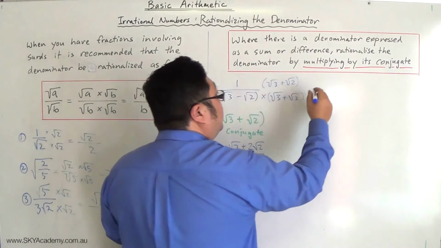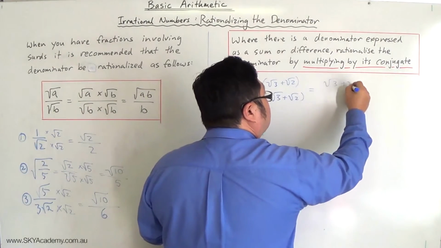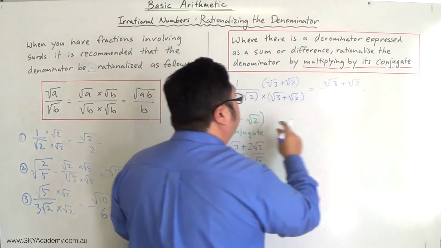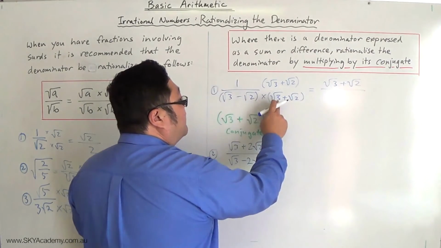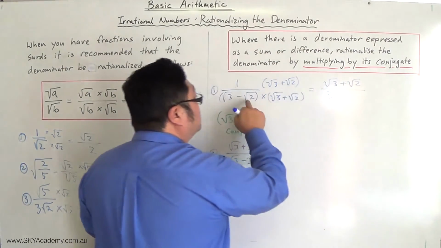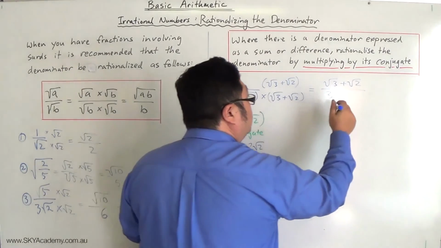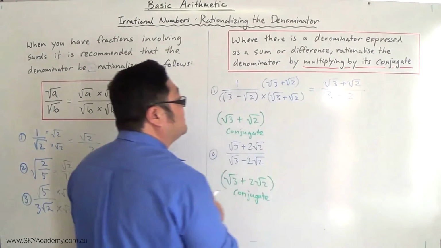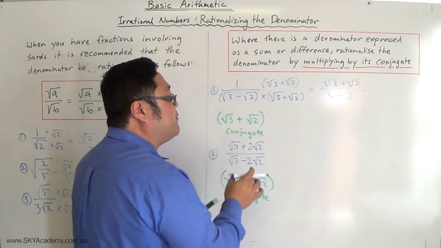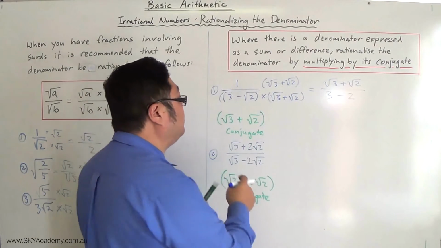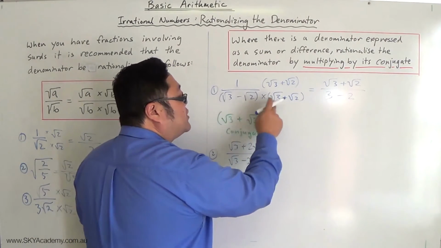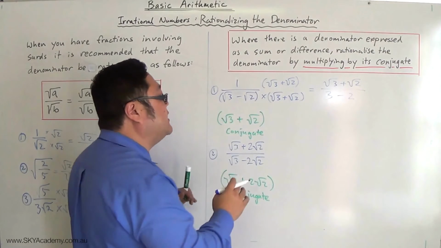1 times all of that is just the square root of 3 plus the square root of 2, all over. Square root of 3 times the square root of 3 is 3. The square root of 2 times the square root of 2 is 2, and then minus each other. And remember how I said in the last episode, the irrational components will cancel each other out.